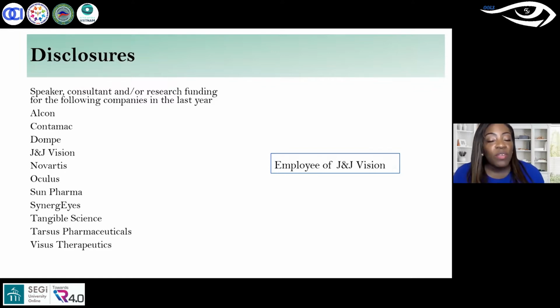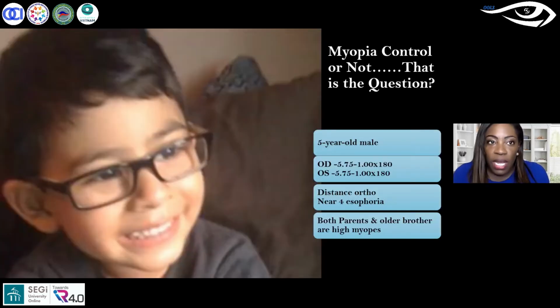So only a few months ago, I was in the trenches seeing patients, and 5 years ago, this 5-year-old that looked just like this little guy presented to me. And at only 5, he had nearly 6 diopters of myopia and had not just one parent, but 2 parents that had, and an older brother that had, high myopia.